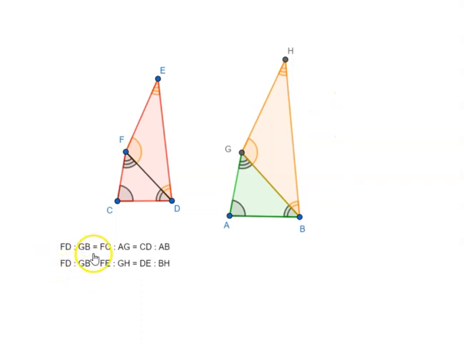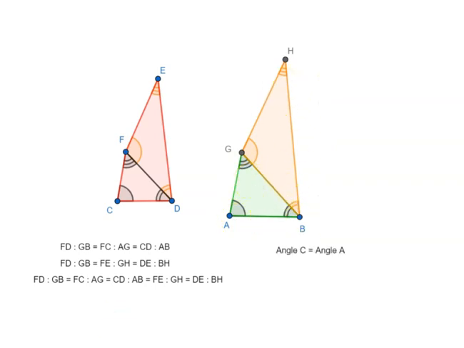But here if you notice, FD is to GB is equal to these two ratios, and these two ratios. That means we can combine these two statements into a single statement and say FD is to GB equal to FC is to AG equal to CD is to AB equal to FE is to GH equal to DE is to BH. So that means all the sides of this polygon are proportional to the corresponding sides of this polygon.